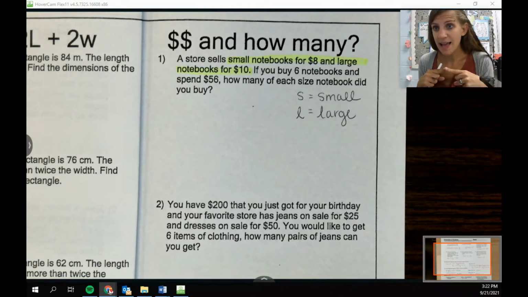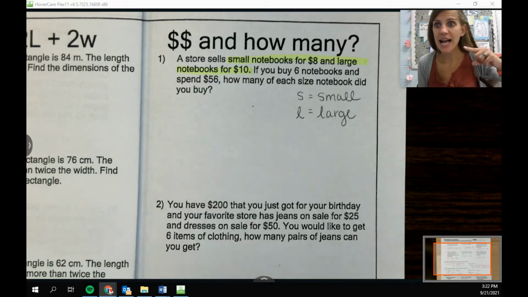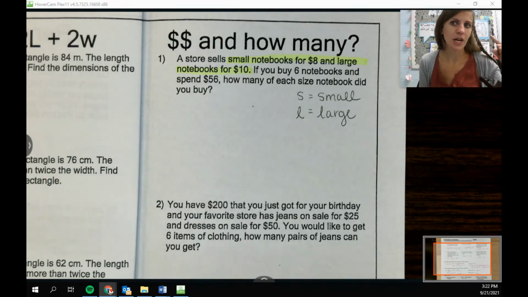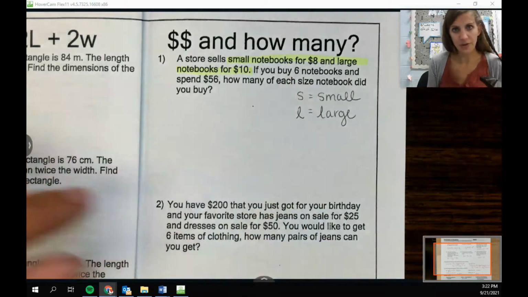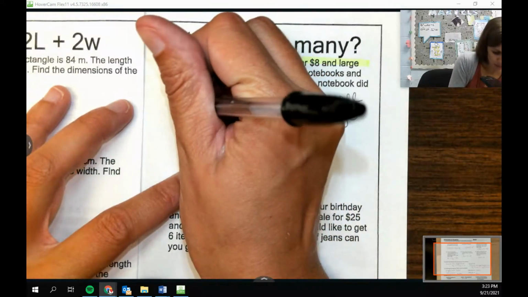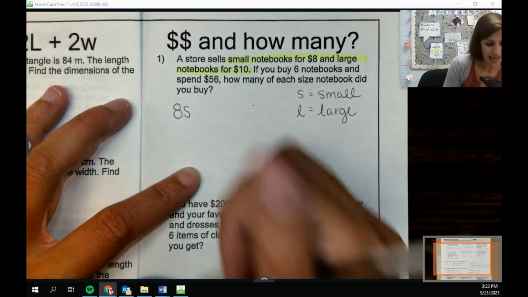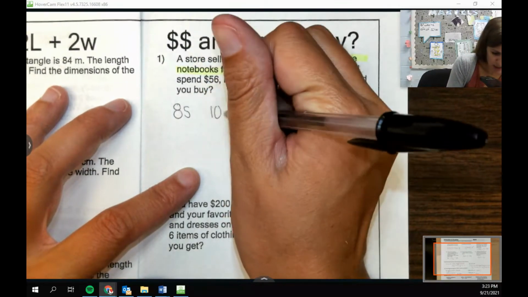So this is a lot like we talked about yesterday when we were talking about standard form. The standard form of an equation is so nice because it has 2 over and over again numbers for 2 different variables. So every time I buy a small notebook, it's going to be $8. And every time I buy a large notebook, it's going to be $10.